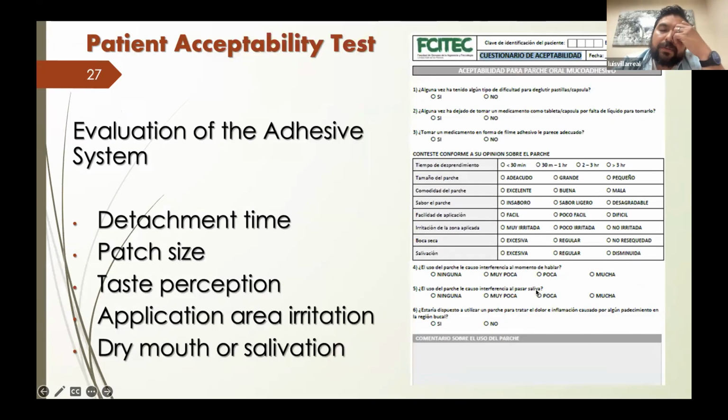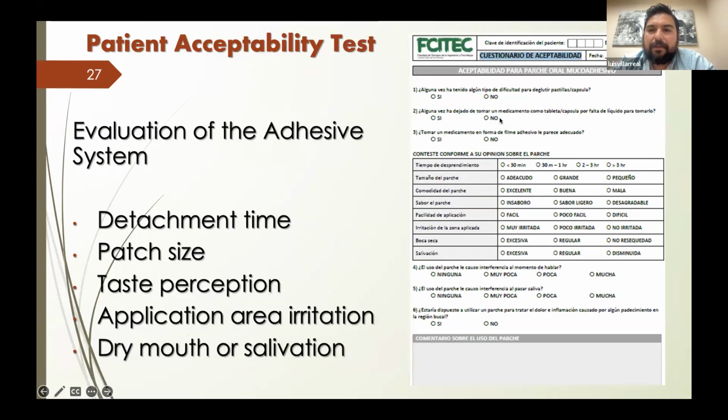The idea is to test the detachment time of the membrane, how the patients feel the size of the patch, the taste perception, whether the application area has irritation, and whether the volunteer feels dryness or salivation.